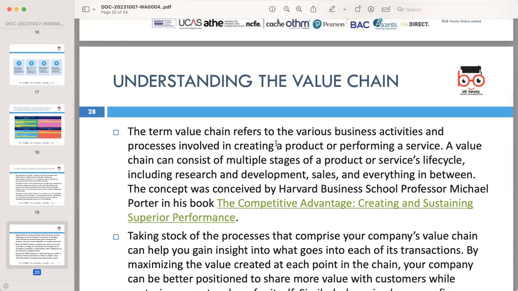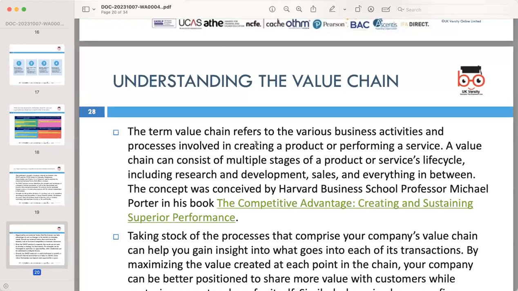So, understanding the value chain. A value chain encompasses all the business activities and processes involved in creating a product or performing a service. These activities span various stages, including research and development, sales, and everything in between.